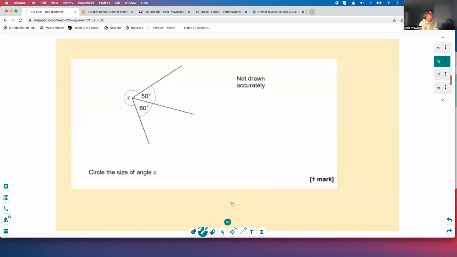Okay, then we've got this one. Calculate the size of angle x. So we look and say, what have we got? Well, actually, look, we've got a point. We know angles around a point add up to 360. If it asks us for a reason, these are the exact words we'd be writing.